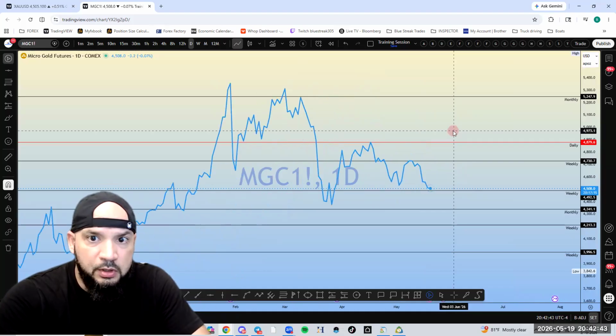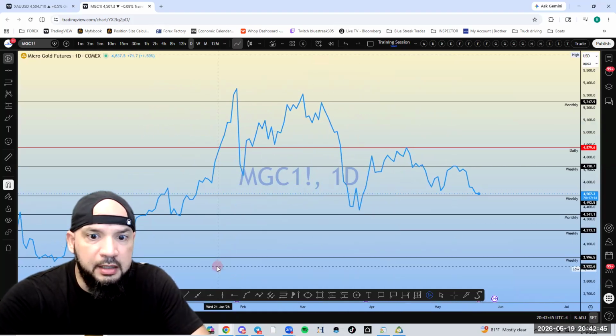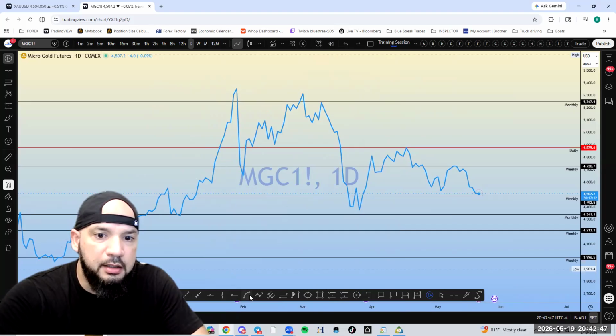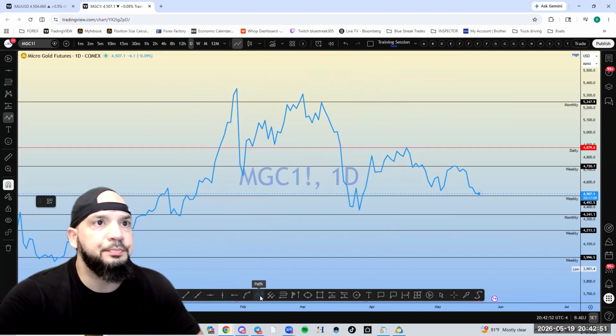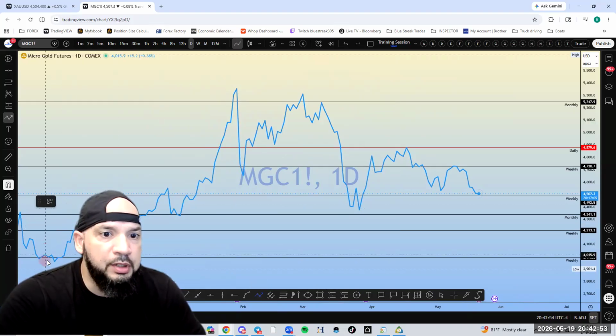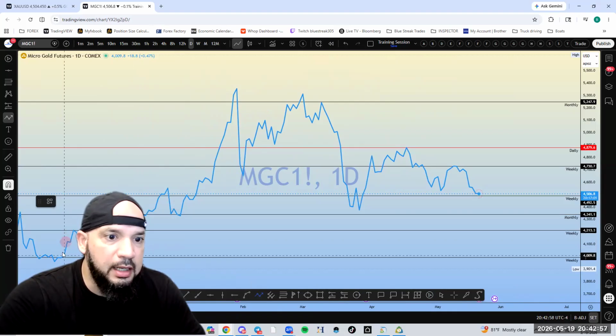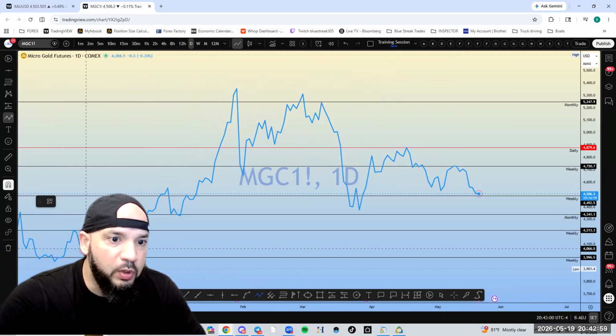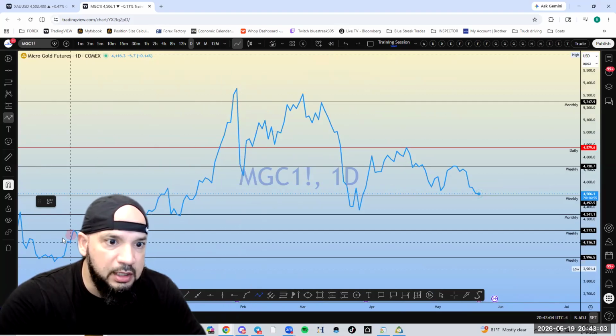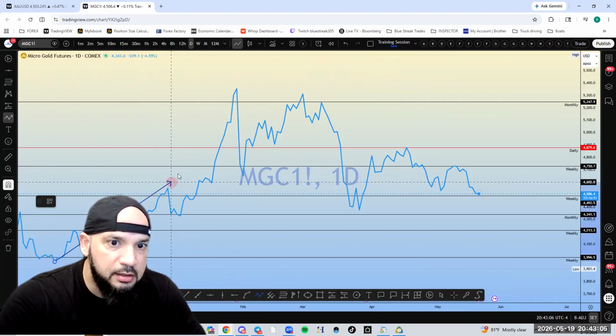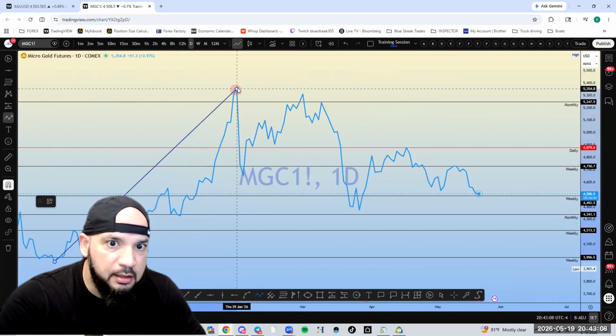All right. You want to train your eyes to somehow get rid of all of the noise that's in here and just look at the market in not waves, but in legs, when you're looking for key levels. So this is a leg.